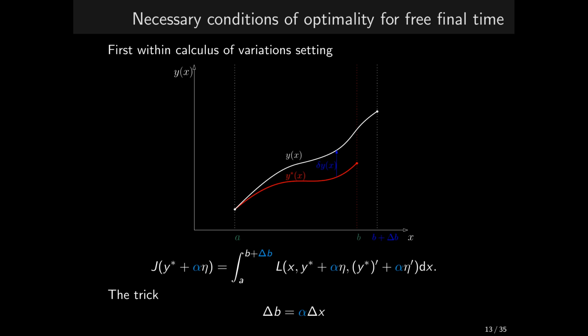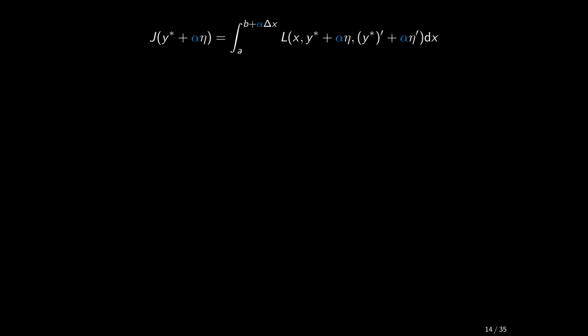We cast the final time increment delta b as proportional to some other delta x through the constant alpha, the same constant that is used to vary the function y. This turns the expression for the perturbed cost function dependent on just a single parameter, alpha. Now the rest of the procedure is straightforward.